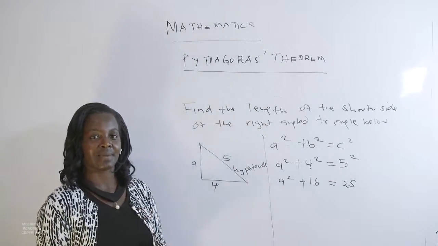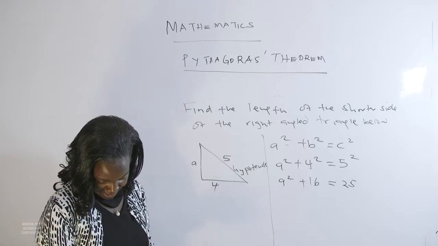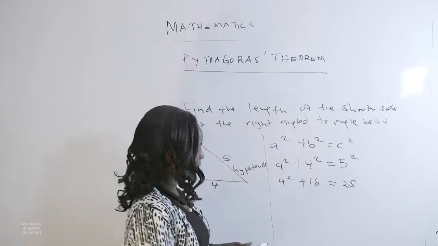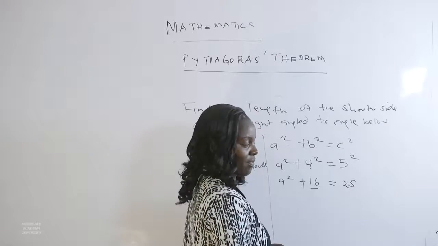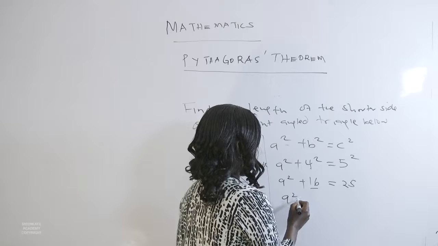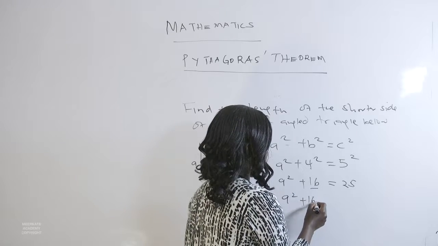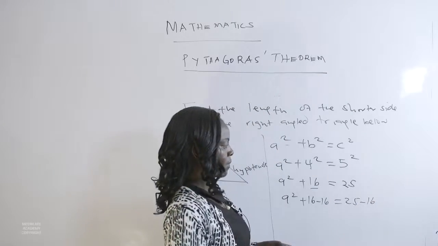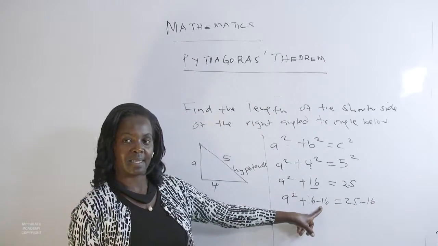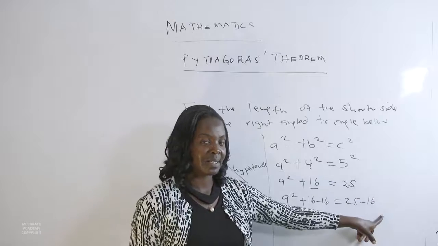Then we collect the like terms. So 16 and 25. So we minus 16 on this side and minus 16 on the other side.